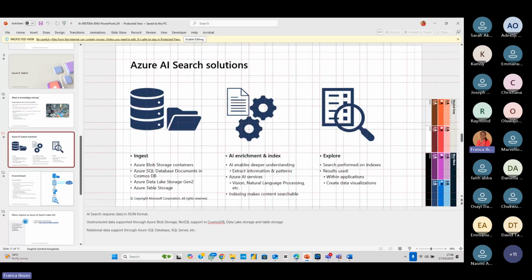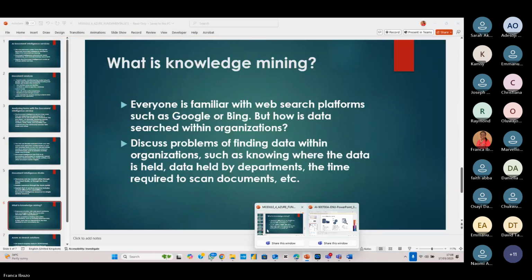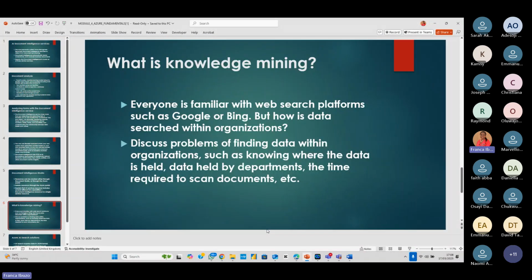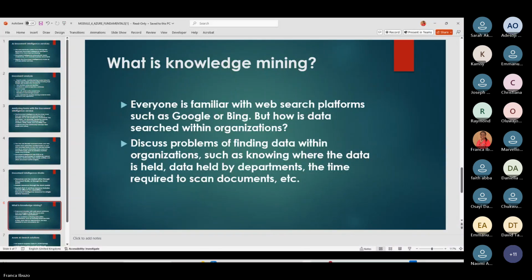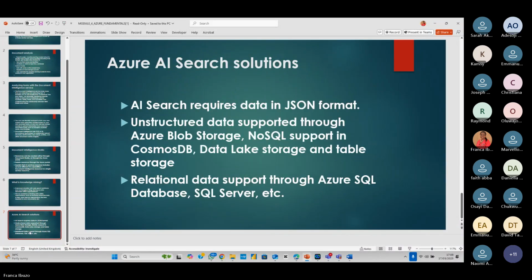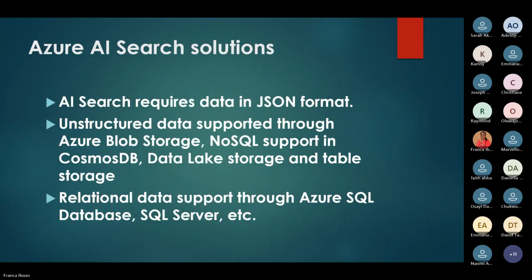I think I have a breakdown of this. Let me see. Okay, so we've seen the different storages under the Azure AI Search solution.